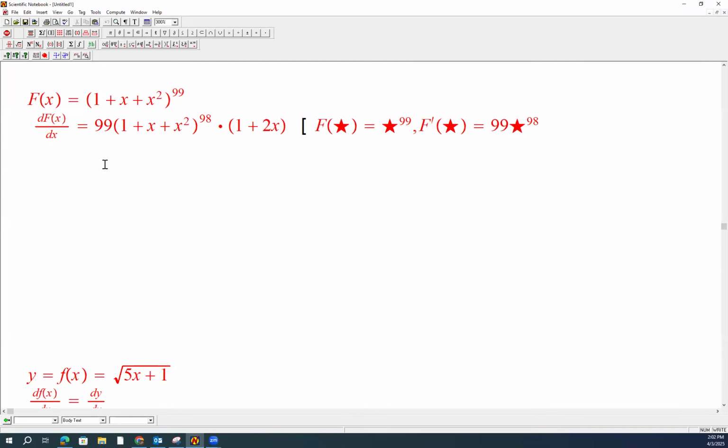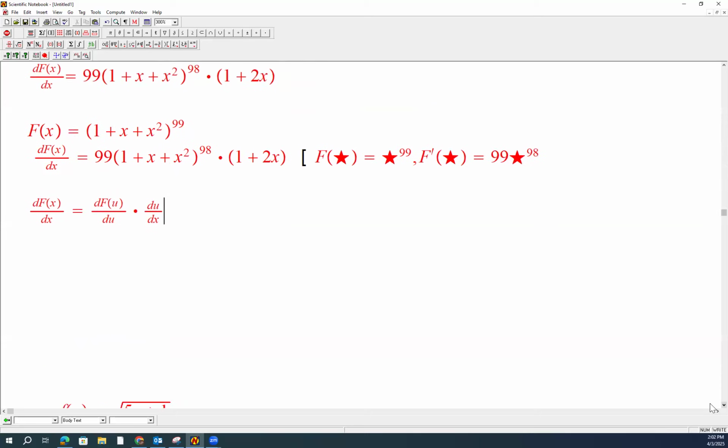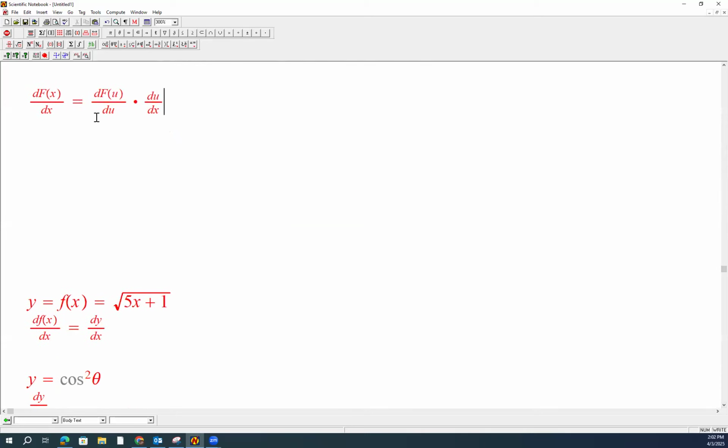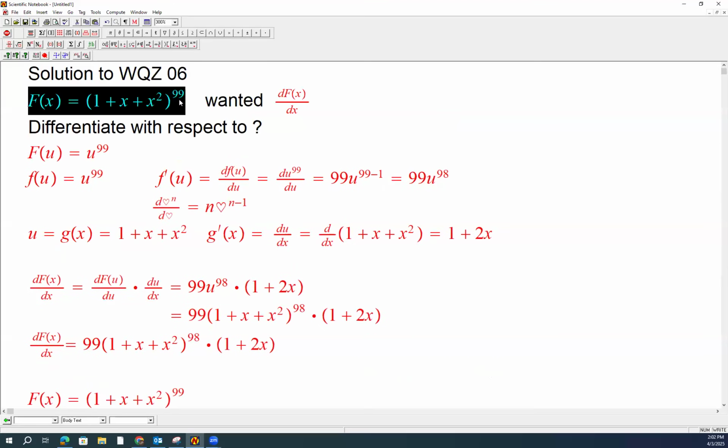So the third way to see this is that we already reflected on the chain rule formula. The chain rule formula can also be seen this way, because we're differentiating capital F with respect to x, and capital F is a complex function of x.